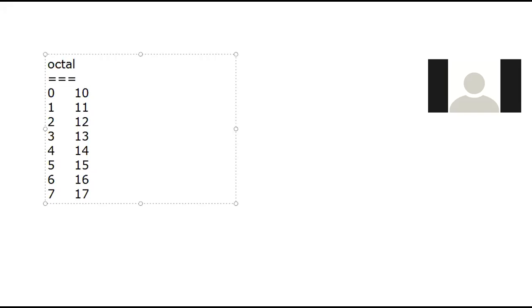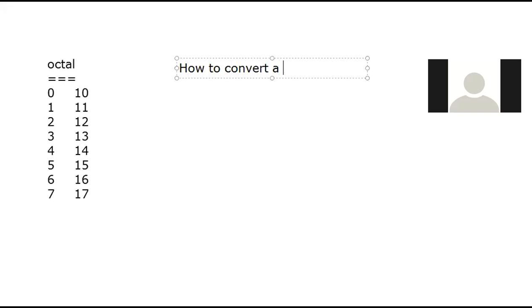Now, when we look at these numbers, very simple. There is a formula out there. What is the formula, and how do we convert? Next, I'm going to talk about how to convert a decimal number into binary.